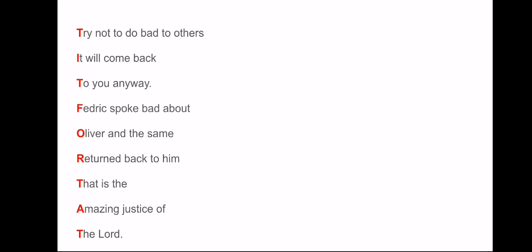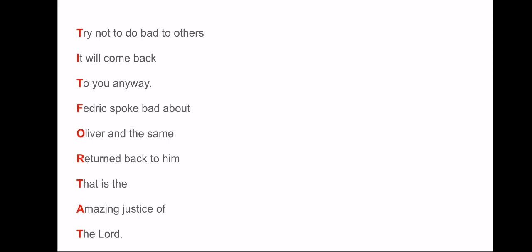In this you see I have written tit for tat vertically in red, and I have found sentences and phrases to explain the idiom tit for tat. So, see, read the lines. Try not to do bad to others. It will come back to you anyways.